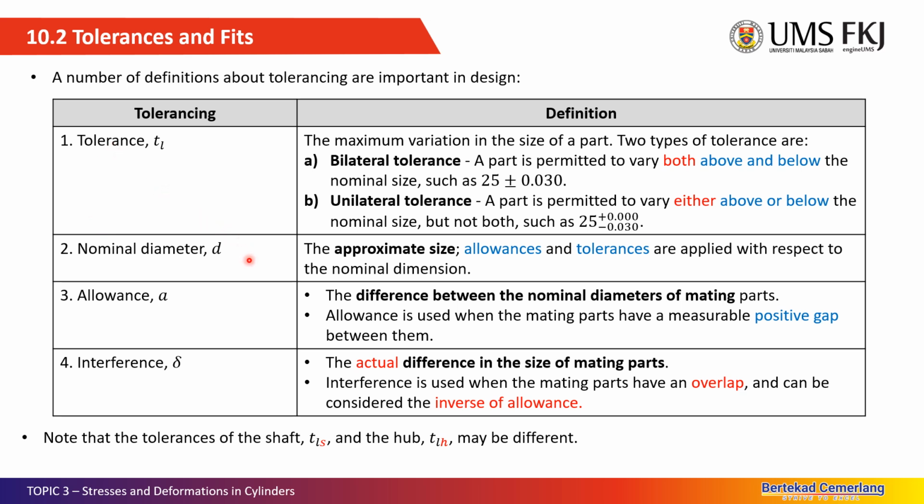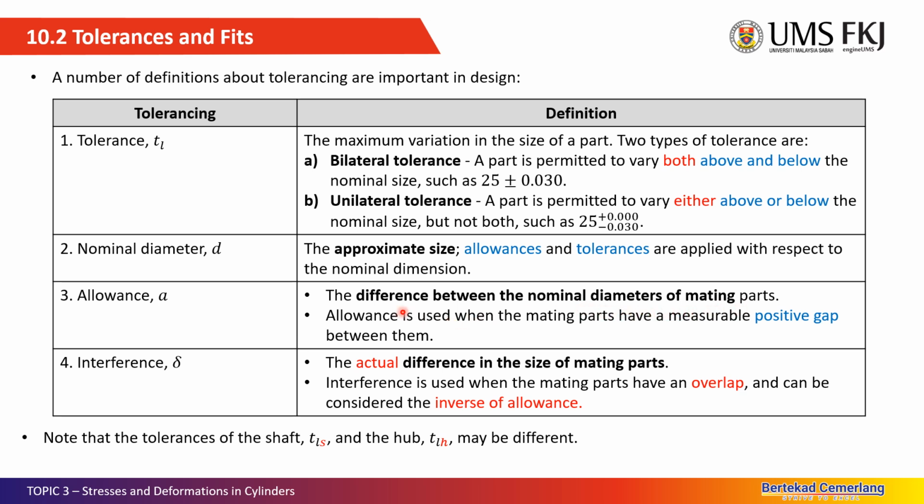While the nominal diameter, D, is actually the approximate size. So allowance and tolerance are applied with respect to the nominal dimension. So actually the nominal dimension will include allowance and tolerance. Okay. The allowance is actually the difference between the nominal diameter of matching parts.